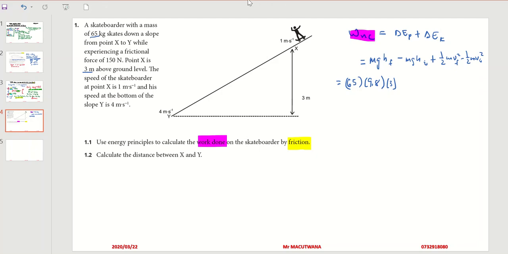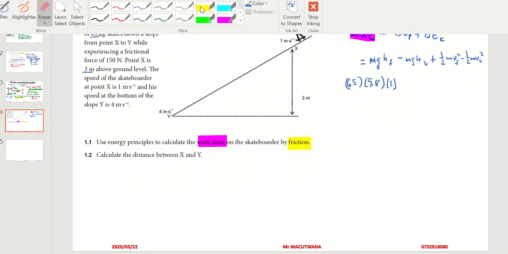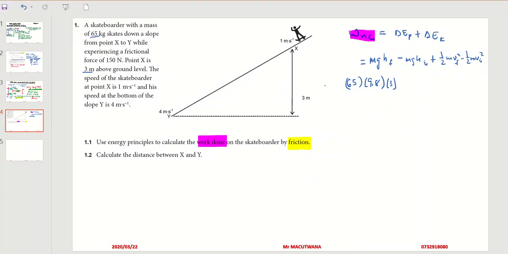All right, I think I've just committed a minor mistake because here we need to be very careful of the fact that we have final and initial. Because the skateboarder skates down, the skateboarder starts at A initially and final will be at Y. So our final potential energy will be 0.